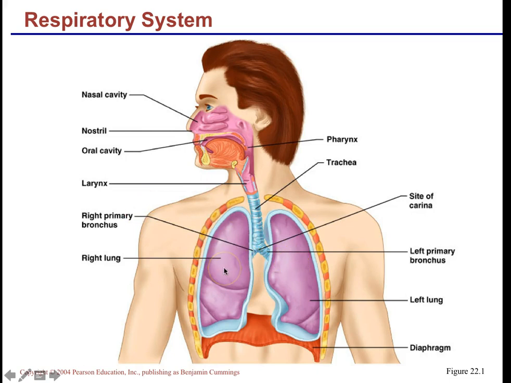They are going to divide like a tree 32 times. Again, don't memorize 32 times, but it gives you an idea, like a tree, of how it branches and gets smaller. What you want is a lot of branching so you get a lot of surface area, so you get more bang for your buck, so to speak, when you take in a breath of air. It's more efficient.